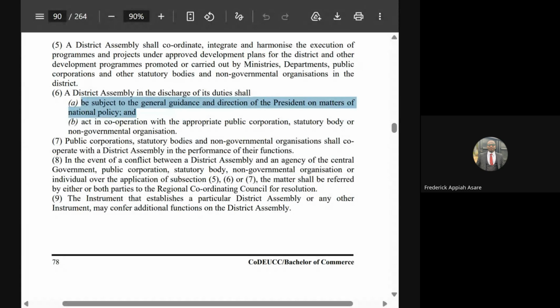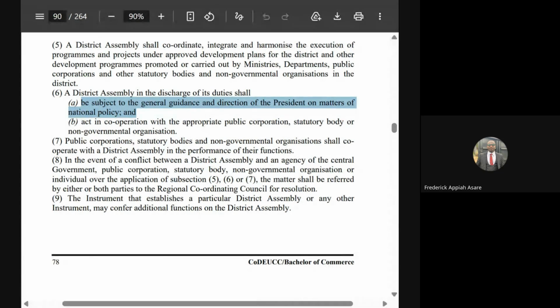So they can tell you that we are interested in efficiency, using smaller resources to achieve a bigger goal. So they will communicate this to all the various MMDAs, the local government, the public sector institutions, everyone. So when these institutions are discharging their duties, they have to make sure that they do it within the scope of what the government said, efficient resource utilization.